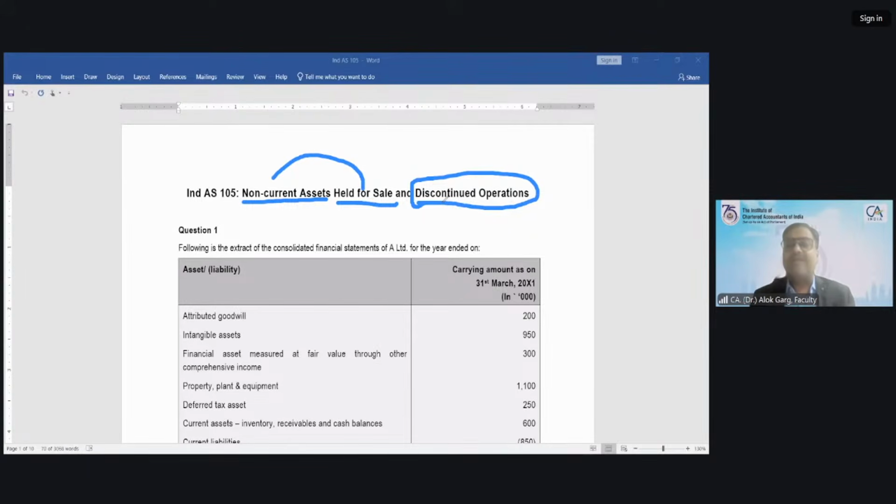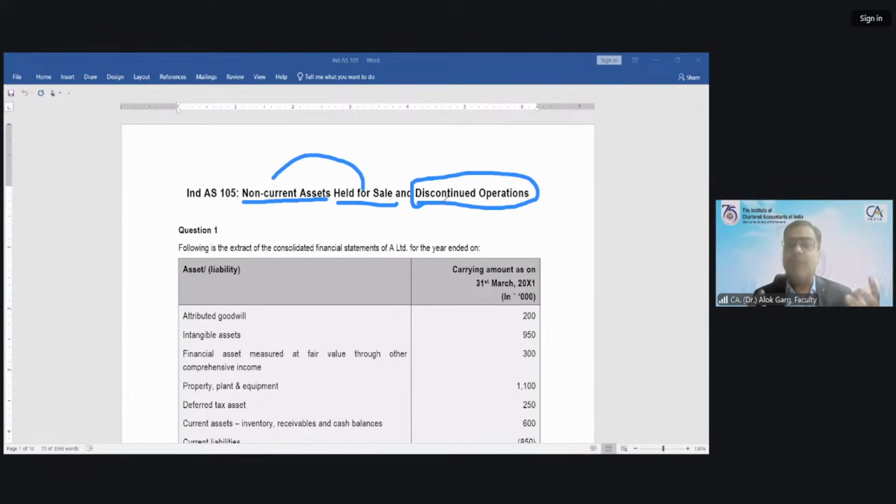In that case, it is a discontinued operation. Second example, the company has decided to dispose of both the factories and move out from Delhi. In this case, it is a disposal group held for sale as well as a discontinued operation. So friends, this was the context.